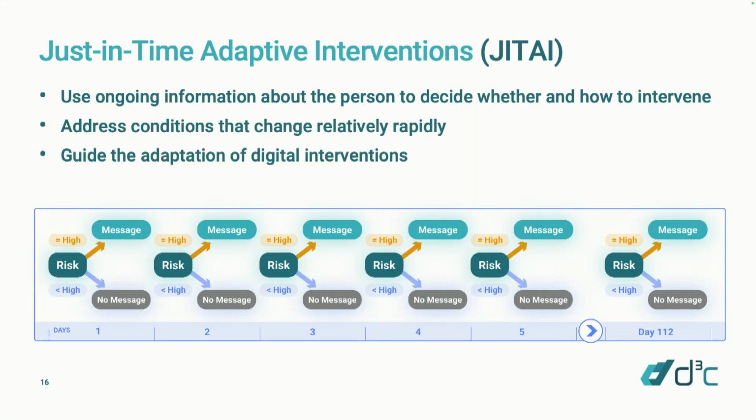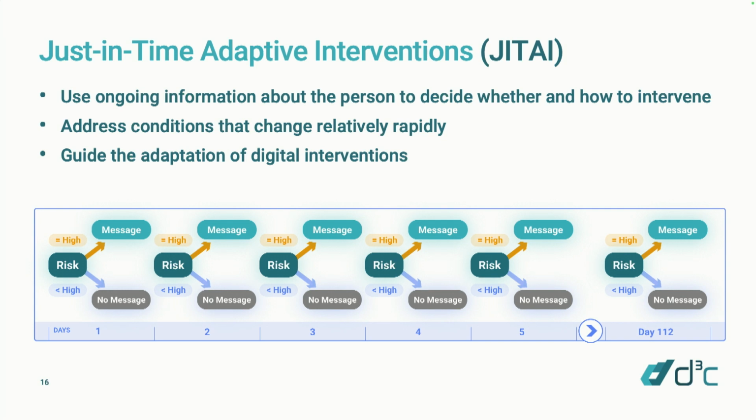And we also use GPS to monitor the participant's location. And every day, if this combined information indicates that the person experiences high risk for next day substance use, we trigger a message with a protective behavioral strategy. You see that? Otherwise, we do nothing. We leave the person alone.